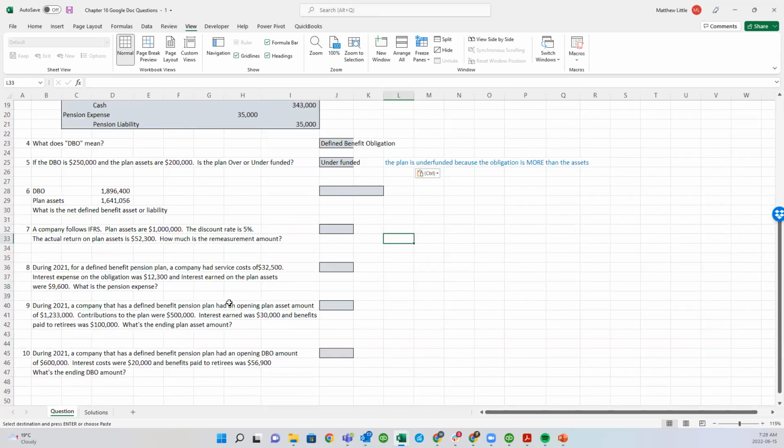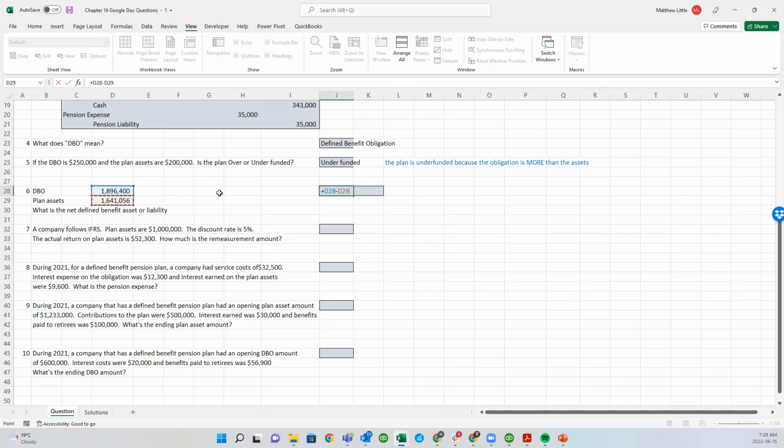Question 6, we look at our defined benefit obligation, almost 1.9 million, and our assets of 1.6 and change. Do we have a net defined benefit asset or a net defined benefit liability? This is similar to the over or underfunded question. First, we need to determine the difference between the two.